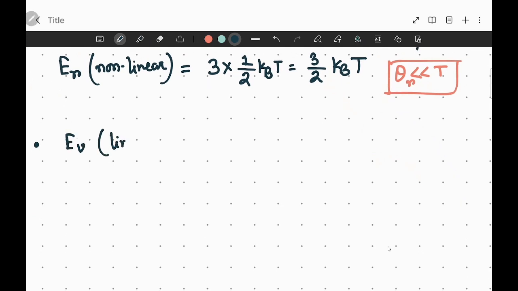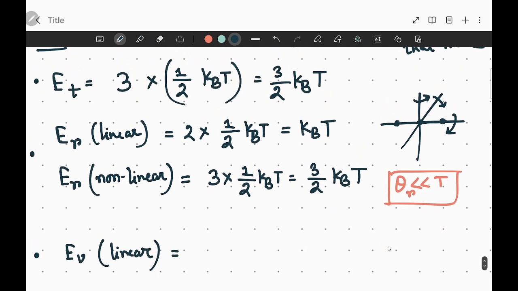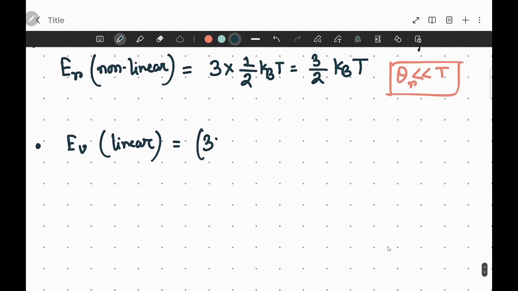Now for E vibration, in the case of a linear molecule, what will be the number of modes, 3n minus what? 5. Yes, because the total number of modes, or degrees of freedom, is 3n, and for linear, 5 modes have already been used, so there will be 3n minus 5 left. And the energy for each mode is kBT.